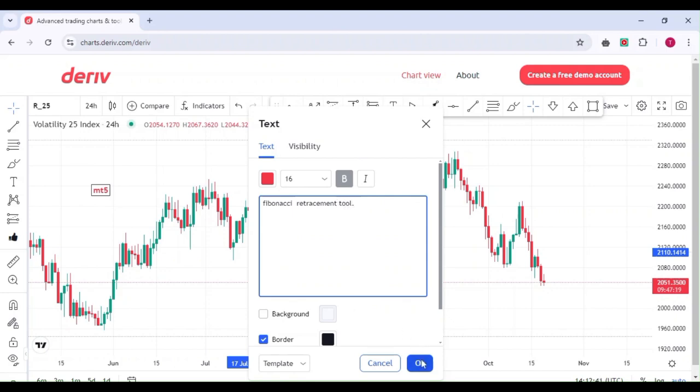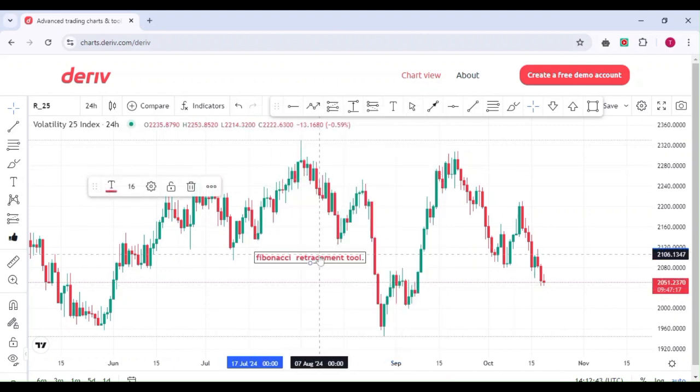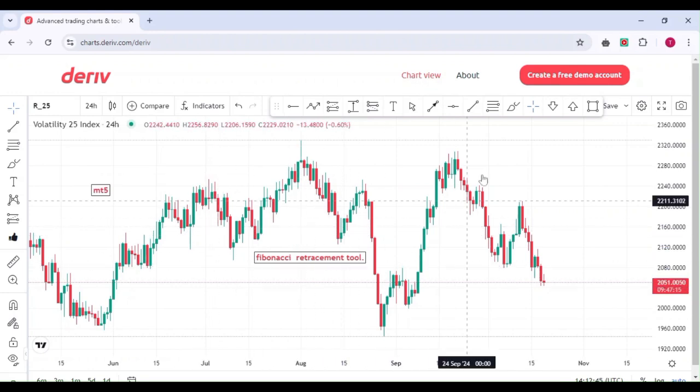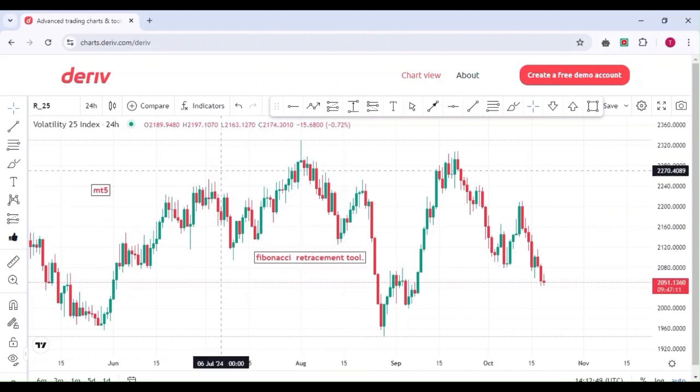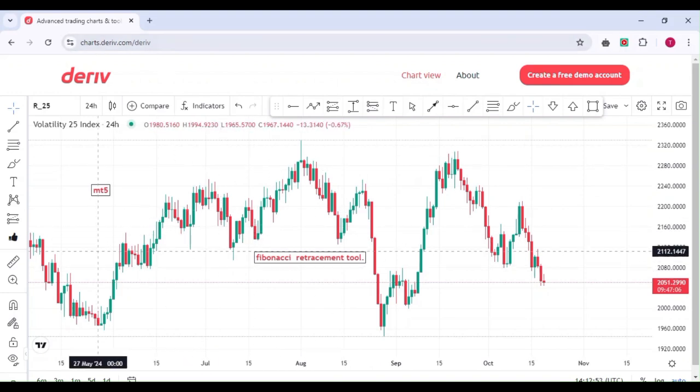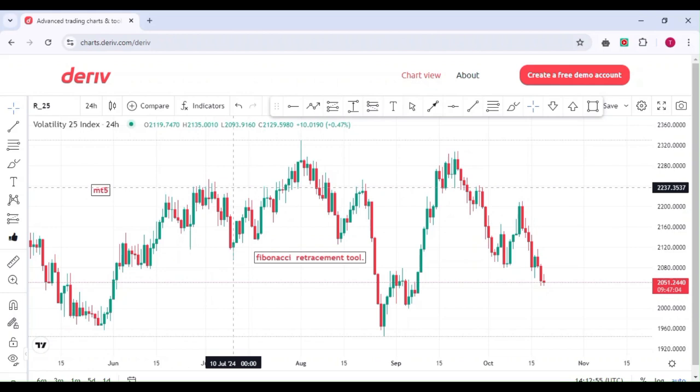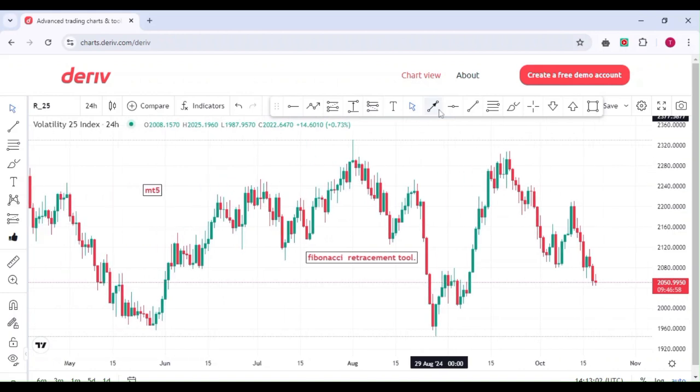But for now, I will be teaching you how we use this tool to identify our key zones on Deriv trading view, and you can use it to predict the markets, whether you buy for a certain period or you sell for a certain period. So basically it's just an essential tool in the trading journey.